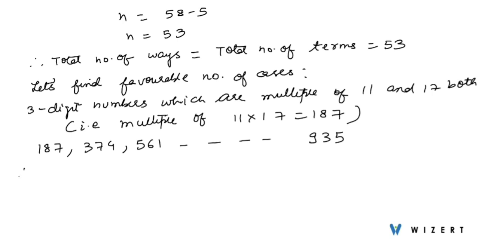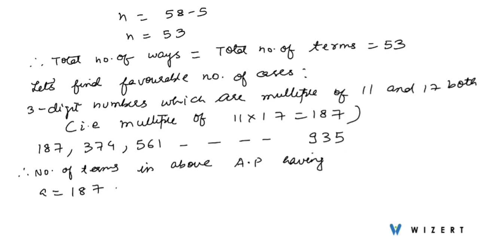Now, we can say that the number of terms in the above arithmetic progression, having the first term as 187, the common difference as 374 minus 187, that is equal to 187, and the last term Tn as 935.